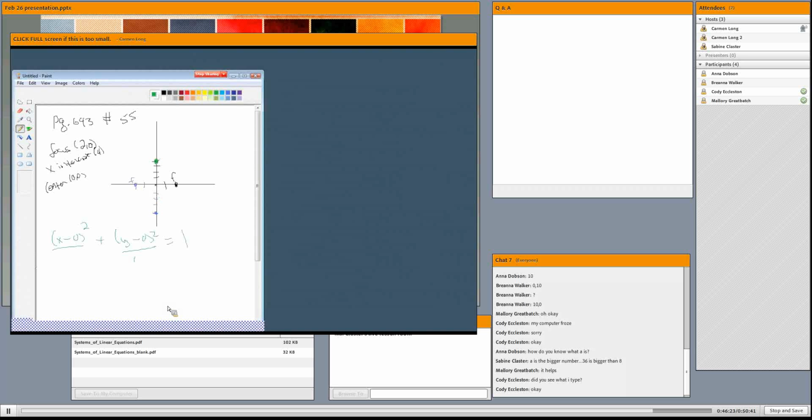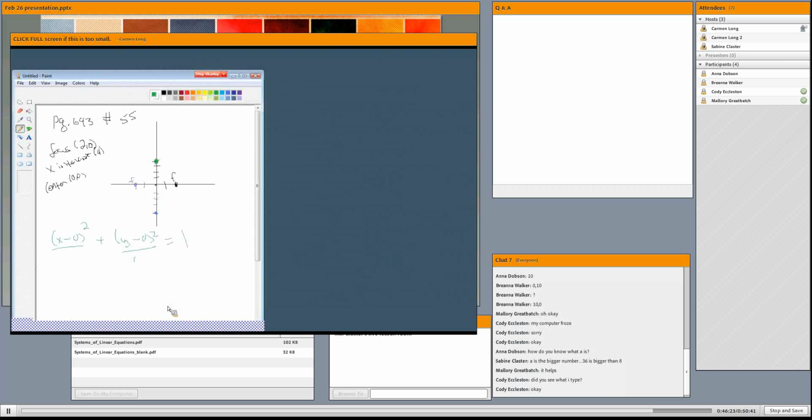So since we know the distance from the center to the focus, we'll have A squared minus 4 squared. So that gives me 4 equals A squared minus 16. Going to add 16 to both sides. So A squared equals 20.